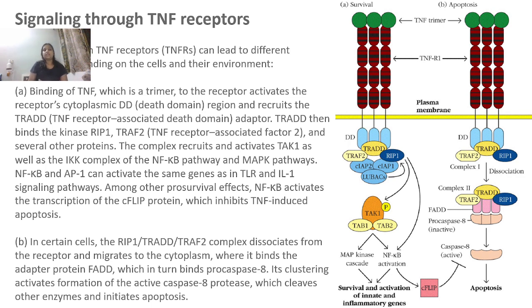So this is the binding of TNF, which is a trimer, to the receptor. These three will come together and there will be binding of the ligand. The ligand here is TNF alpha, which will bind to this receptor, and it has different kinds of domains. Like this is the death domain, which is present inside the cytosol.